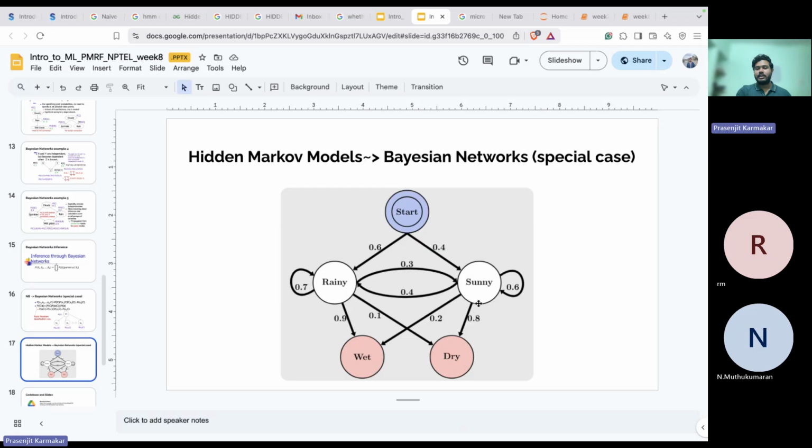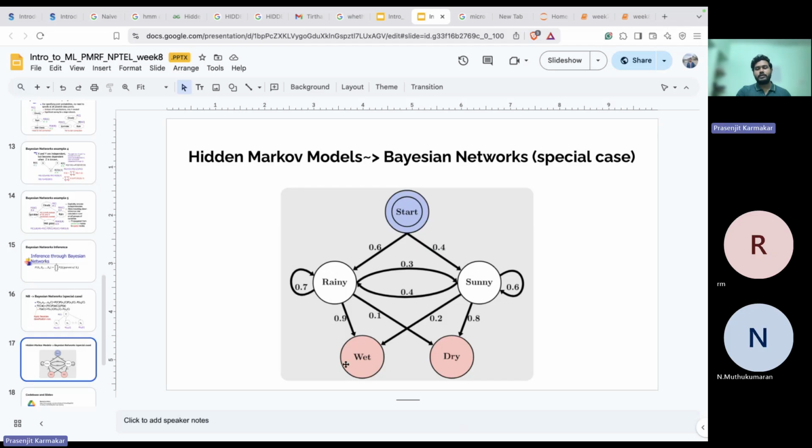There are probabilities for those two, for example the probability of wet grass given it was raining. These are known as emission probabilities. Given a state transition between the hidden states, what is my emission probability of the label?